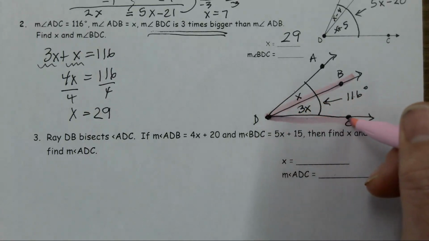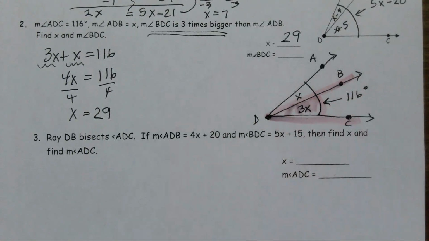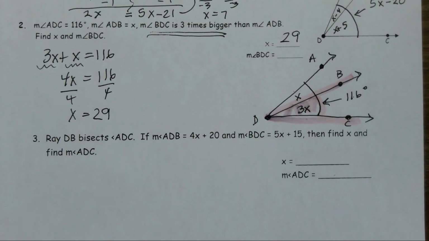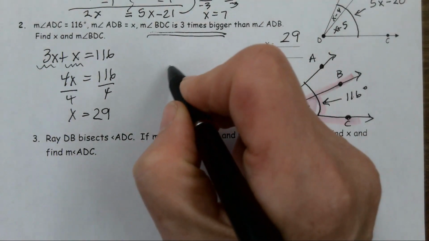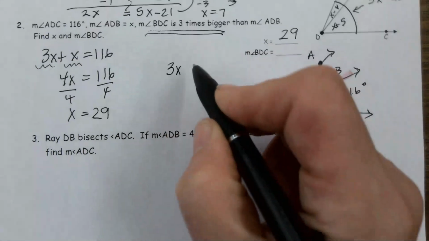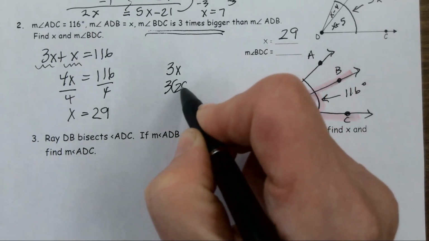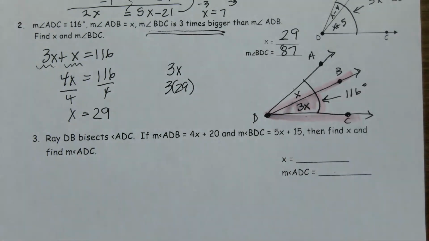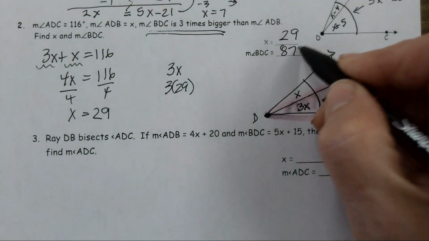That's this guy right here. Yep. So we'll put in 3x is what I'm solving for. 3 times 29. I think you said 87. And that's a measure, so we'll go degrees.